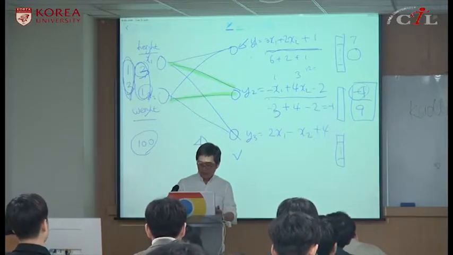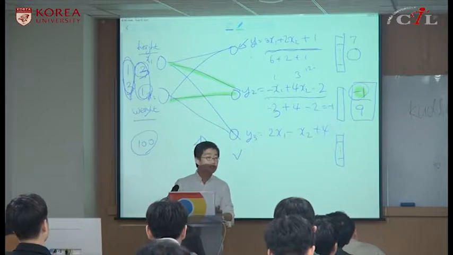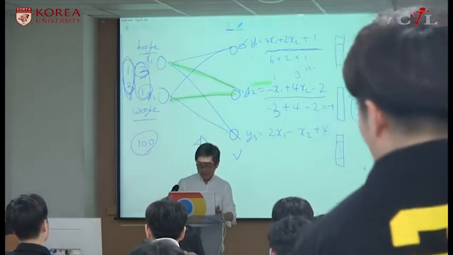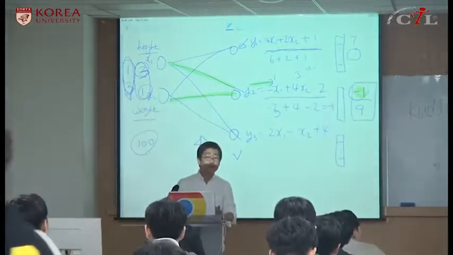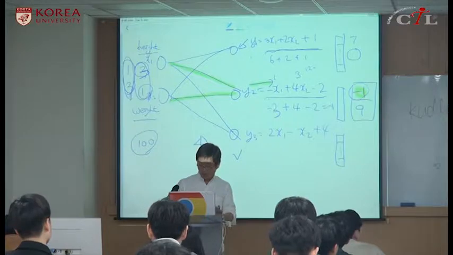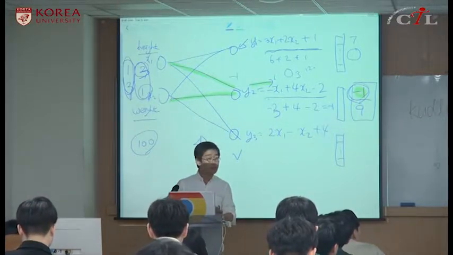When having this negative output as this linear combination, and then once we use the Relu right after this linear layer, this negative 1 will become 0, right?